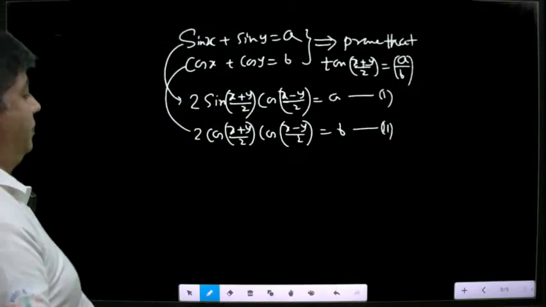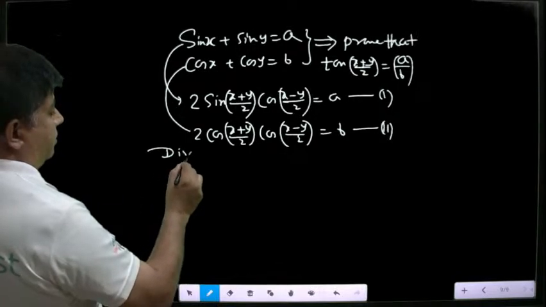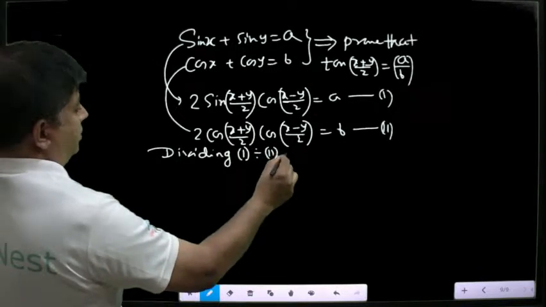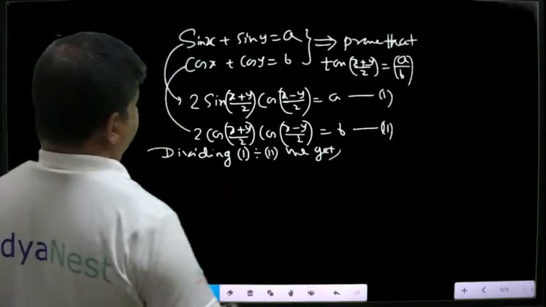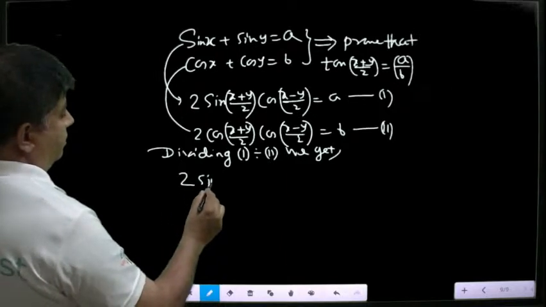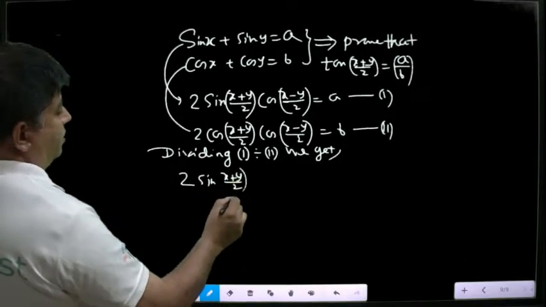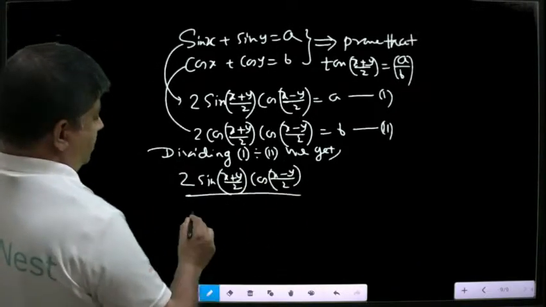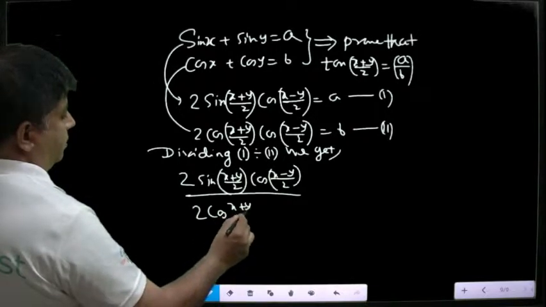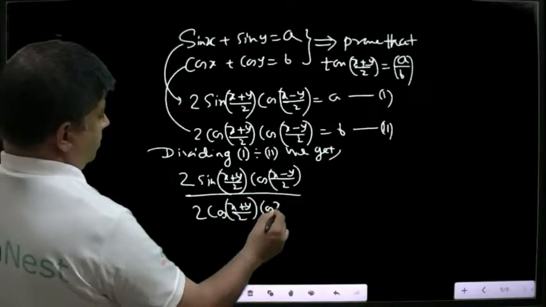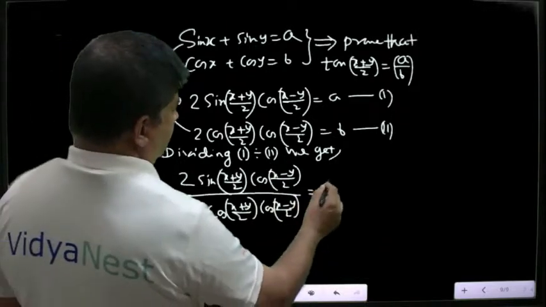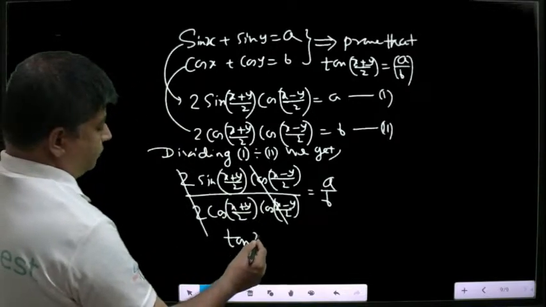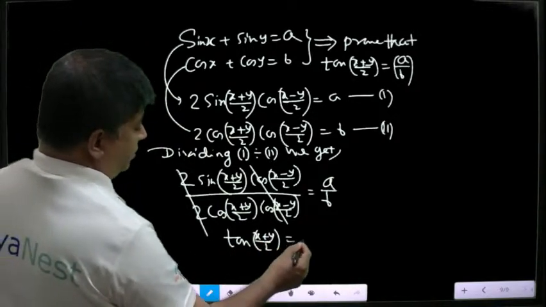Divide 1 by 2. Dividing 1 by 2, we get 2 sin x plus y by 2 cos x minus y by 2 by 2 cos x plus y by 2 cos x minus y by 2 equals a by b. 2 cancels, cos cancels, you will get tan x plus y by 2 equals a by b.